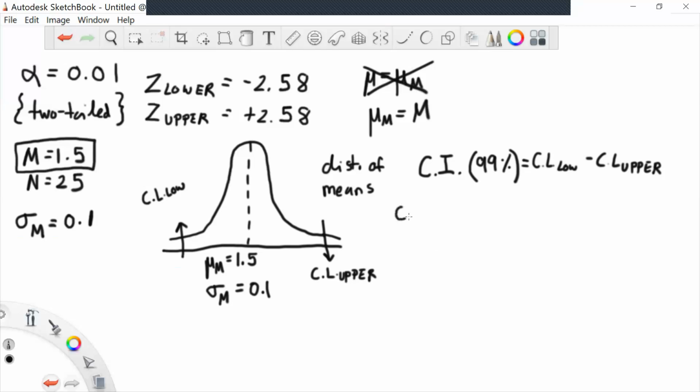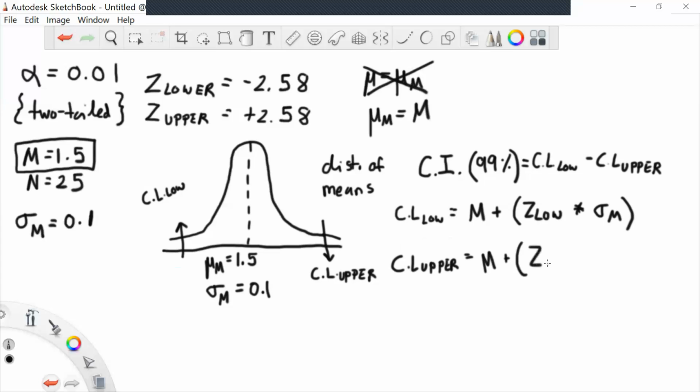To find our lower confidence limit, it's going to be our mean plus the lower z-score times the standard error of the mean. And the upper confidence limit is going to be exactly the same, except the z-score in question is going to be the upper z-score.